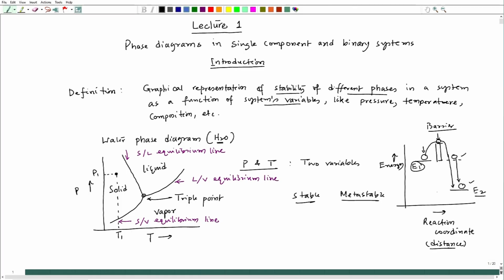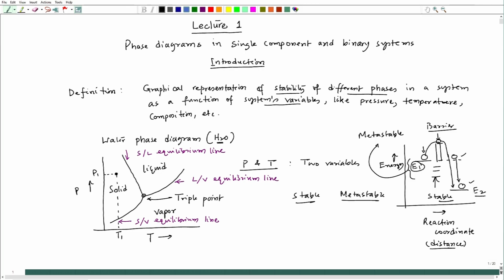That will be considered the stable condition, but for energy levels higher than that, we call all those levels metastable levels.